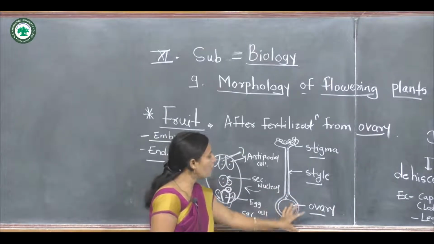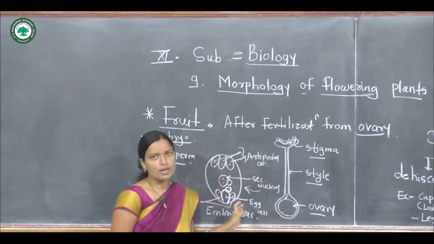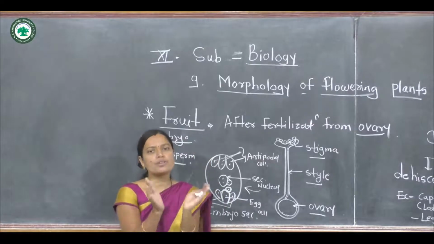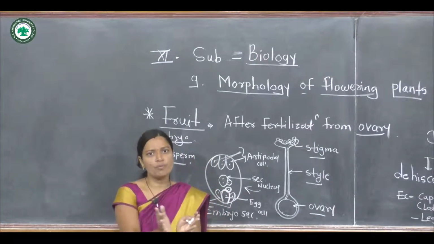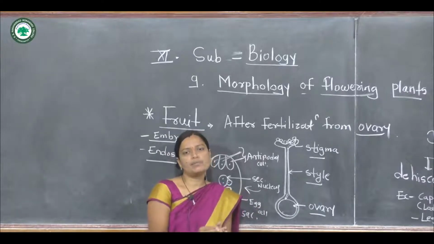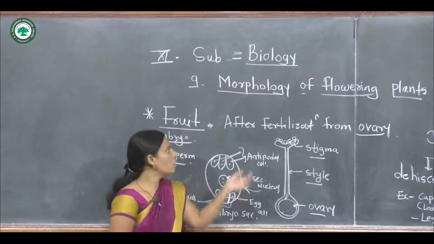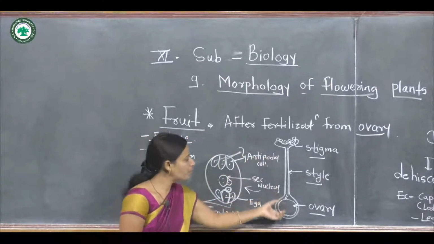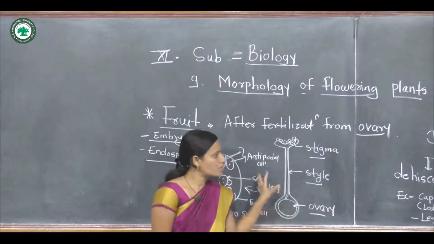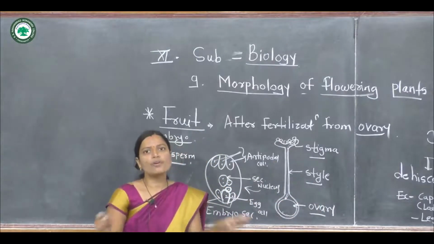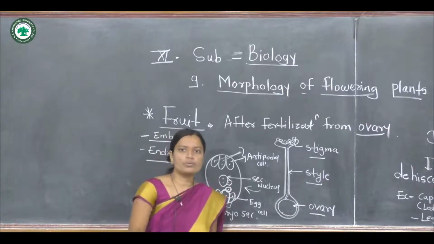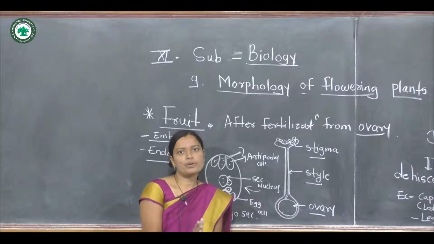The ovary matures and gets swollen, and fruits are formed. The ovary becomes a larger, swollen structure, and at that time the ovary is converted into the fruit. When the fertilization process takes place, all the floral whorls like the calyx, corolla and androecium fall down or are removed, because the flower is mature.